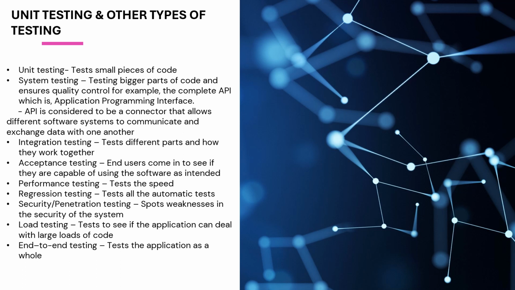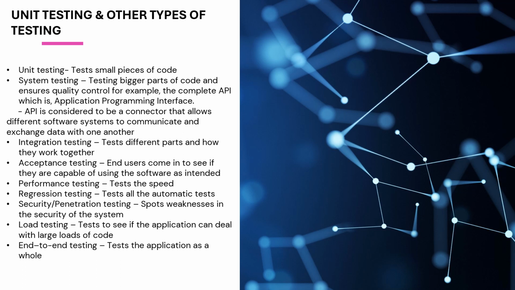An API is considered to be a connector that allows different software systems to communicate and exchange data with one another. Integration testing tests different parts and how they work together. Acceptance testing is when end users come in to see if they are capable of using the software as intended.